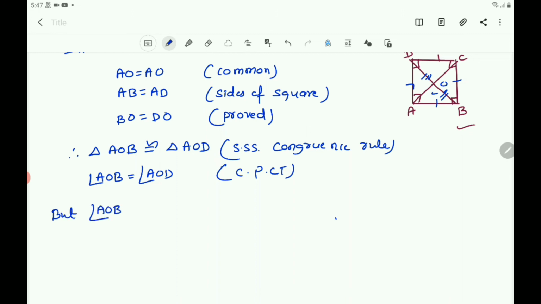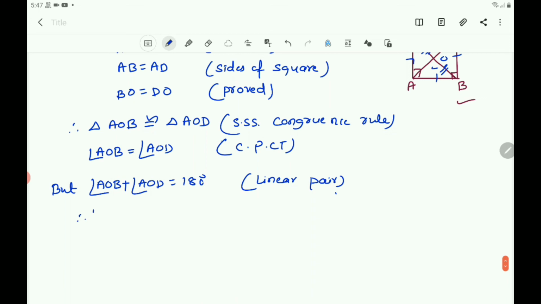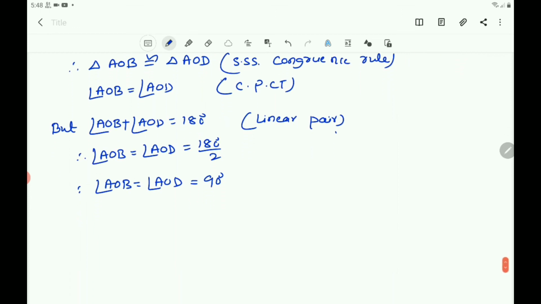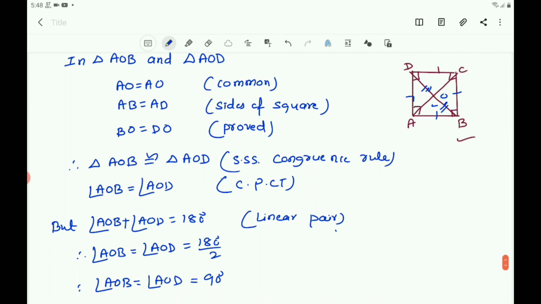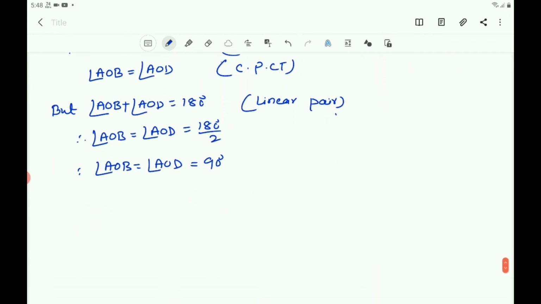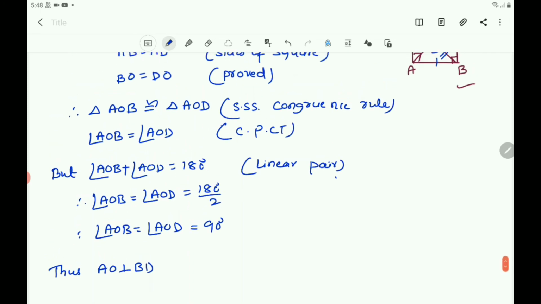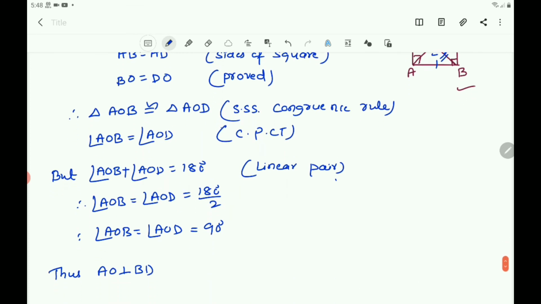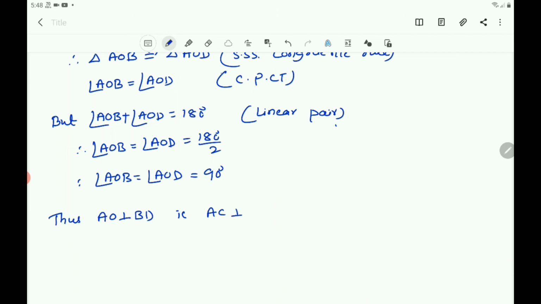Angle AOB plus angle AOD equals 180 degrees. Therefore both must be equal to 180 degrees by 2, so both are equal to 90 degrees. Therefore AO is perpendicular to DB, that is nothing but AC perpendicular to BD.